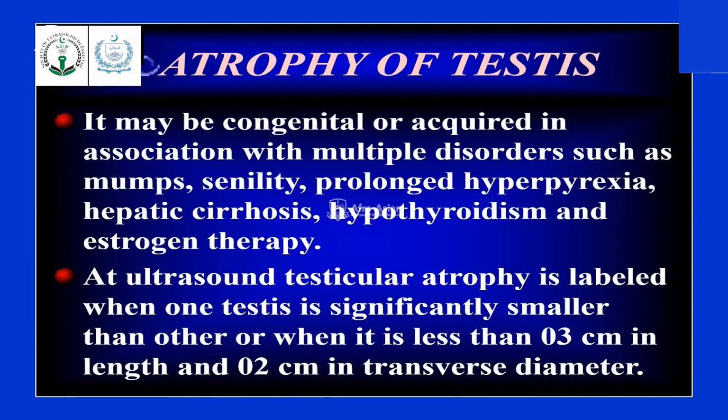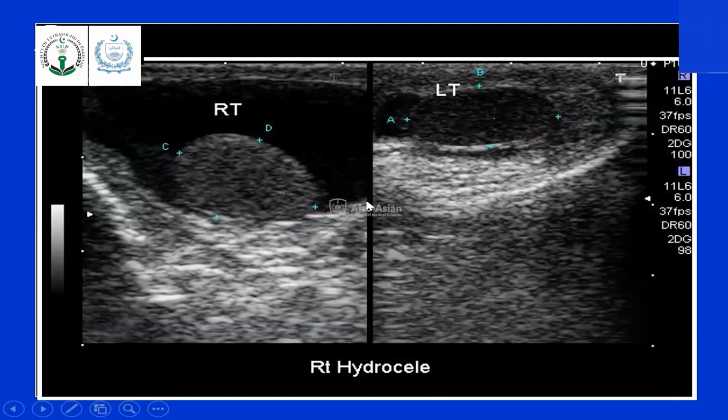At ultrasound, testicular atrophy is labeled when one testis is significantly smaller than the other or when it is less than 3 centimeters in length and 2 centimeters in transverse diameter. Here we can see a small testicle with a hydrocele. The size is small. Here again you can see an undescended testicle.